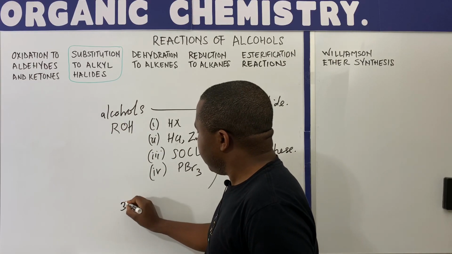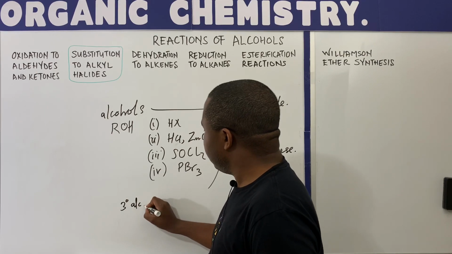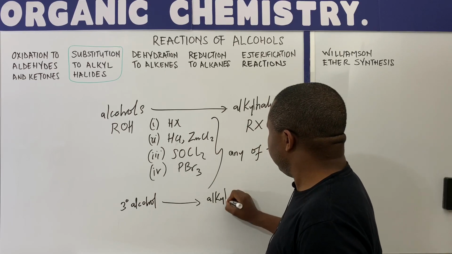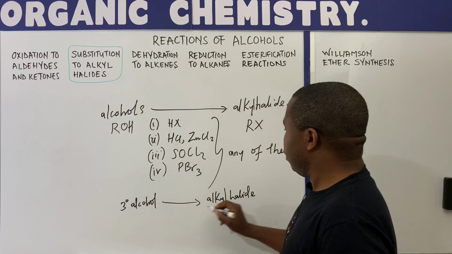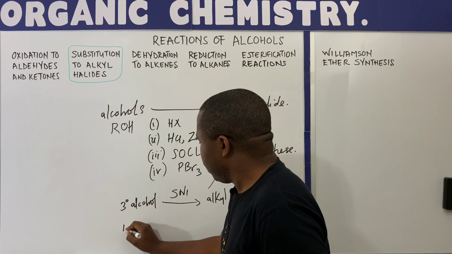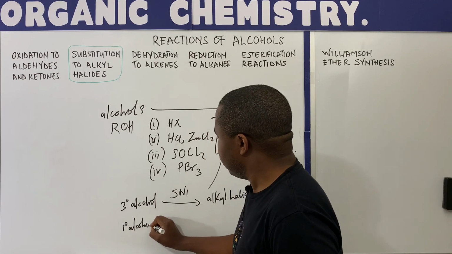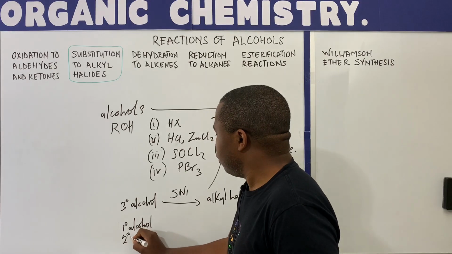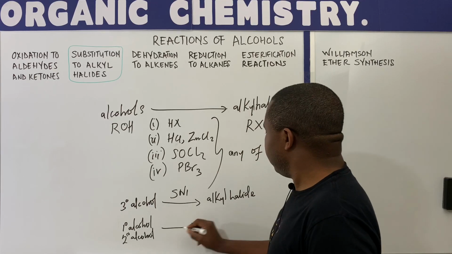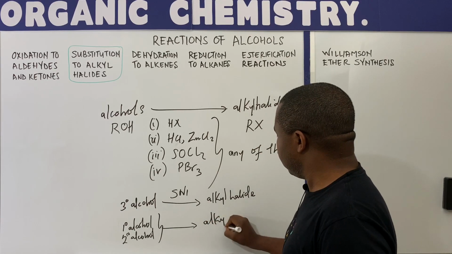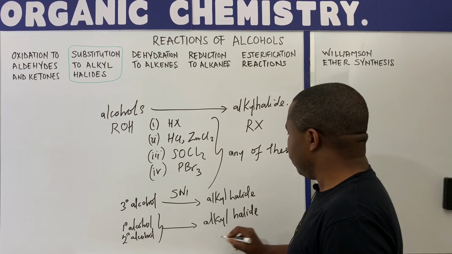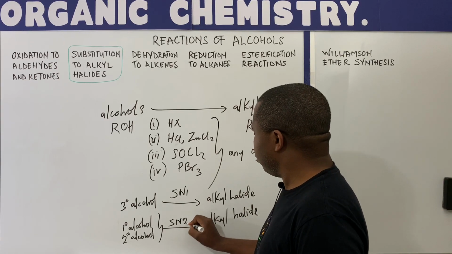Also, if we start with a tertiary alcohol to alkyl halide, we said that would be an SN1 reaction. But if we start with a primary alcohol or a secondary alcohol to alkyl halide, we say that will be an SN2 reaction.